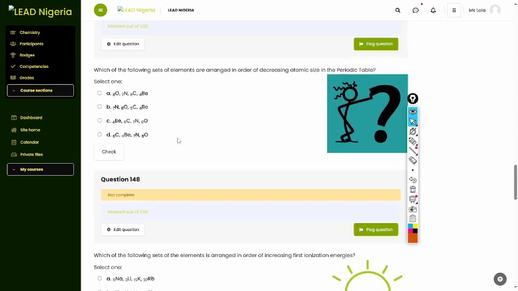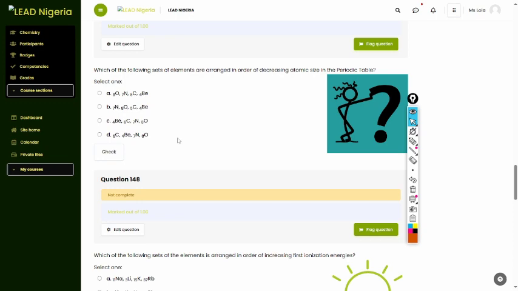Which of the following set of elements are arranged in order of decreasing atomic size in the periodic table? Okay. All of these elements belong to the same period, so they differ in their groups. So what we pay attention to is the trend of atomic size as you go across the period, where the groups are increasing. Across the period, atomic size decreases, because the effective nuclear charge increases.